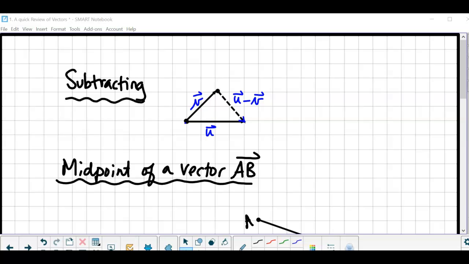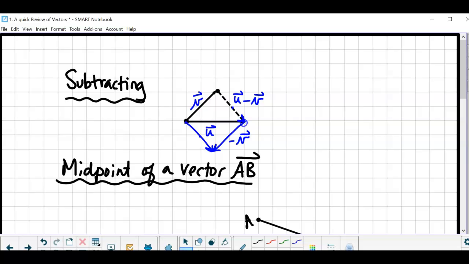Kind of like saying if you have vector u here, and you add negative v, there's negative v. So now your resultant from the tail to the tip there, that's the same vector as this one that was drawn. Location doesn't matter. So that's u minus v. u plus negative v is the same as u minus v. So basically, for subtracting vectors, look at where the arrowhead is.